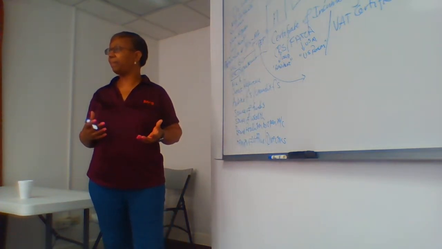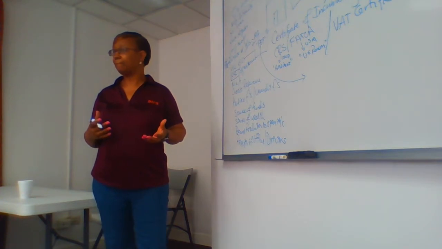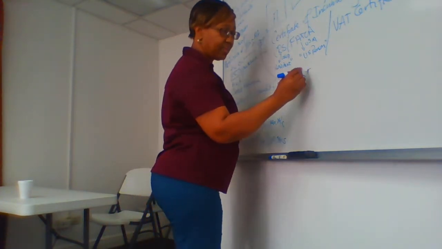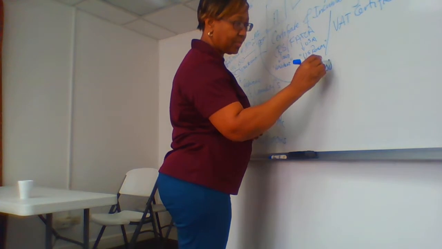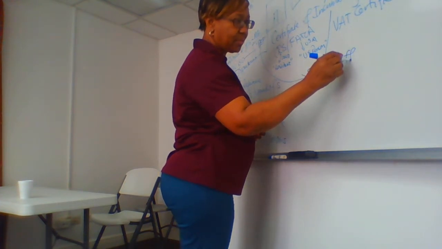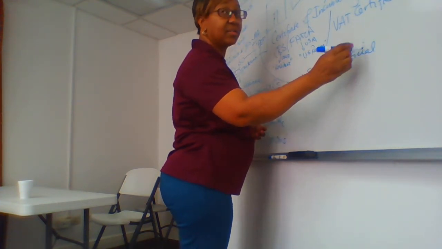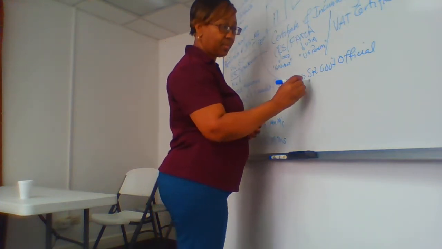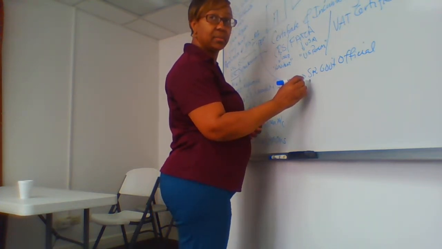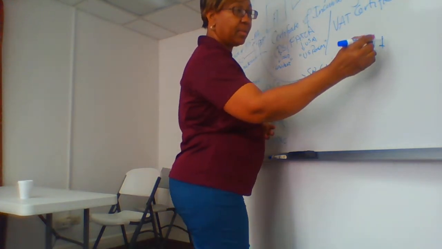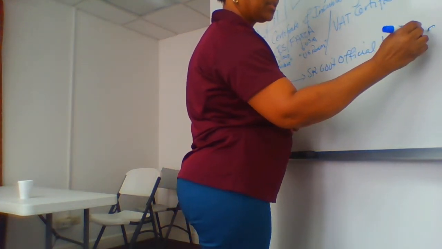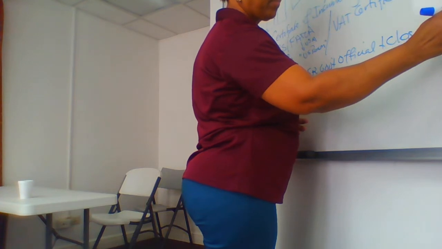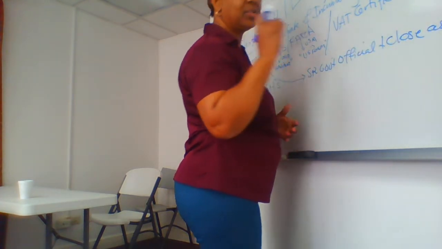Definition of a PEP. Senior government official, and this is both sides. Who else? Family of them, their spouses, plus close associates. And close associates is not just family.